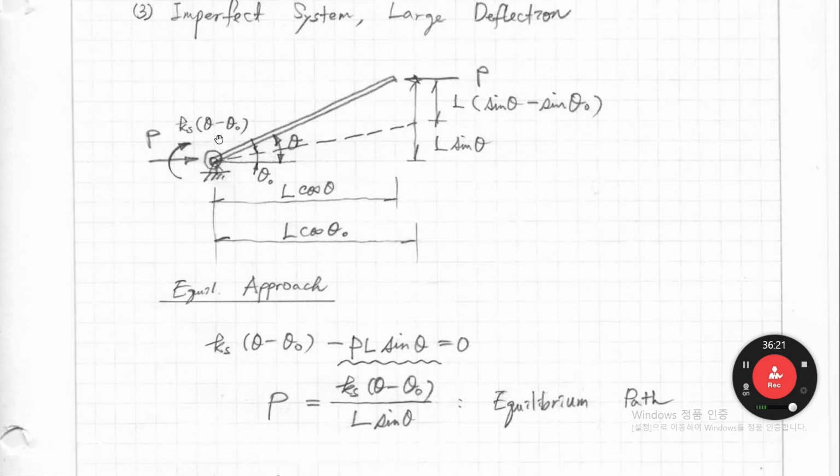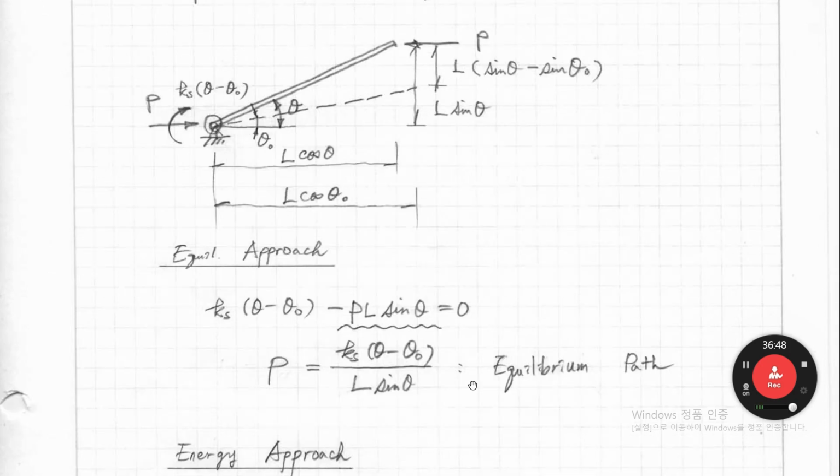The moment occurs like this, so Ks times theta minus theta 0, right? And then if we take the moment here, P L sine theta minus this equals 0. From this equation, we can get P equals Ks times theta minus theta 0, over L sine theta. We call it the equilibrium path.